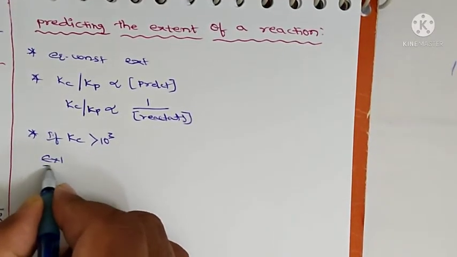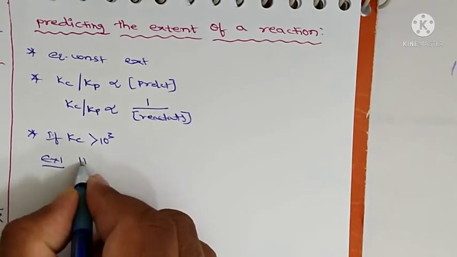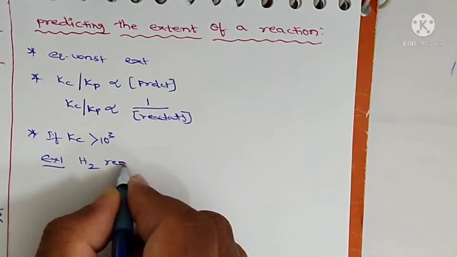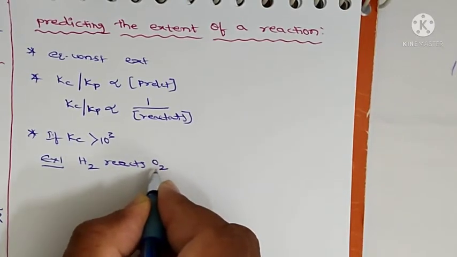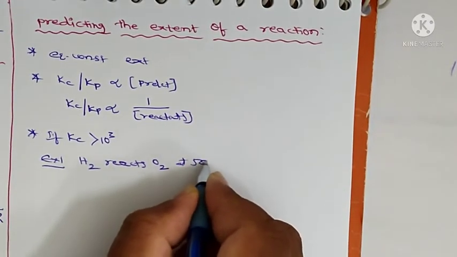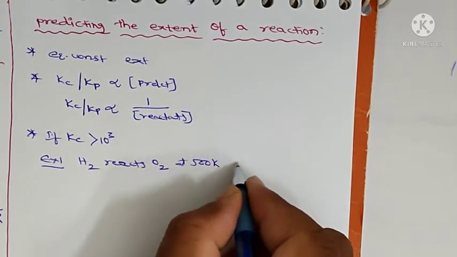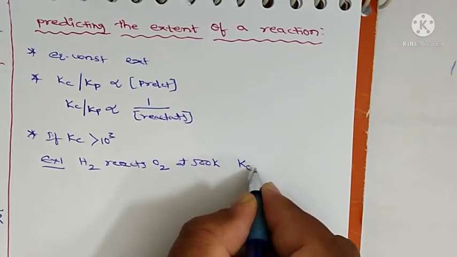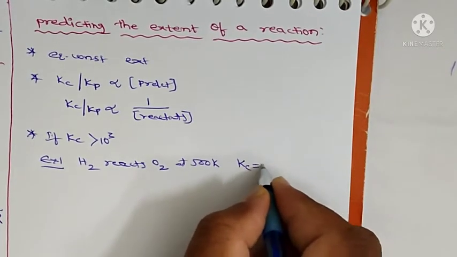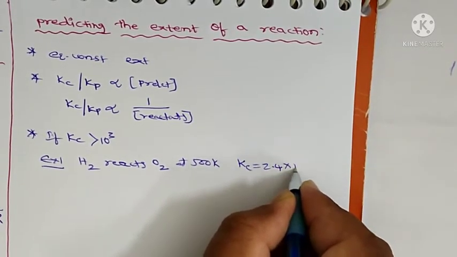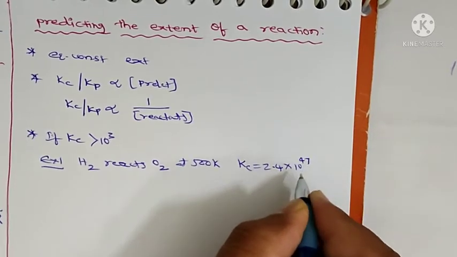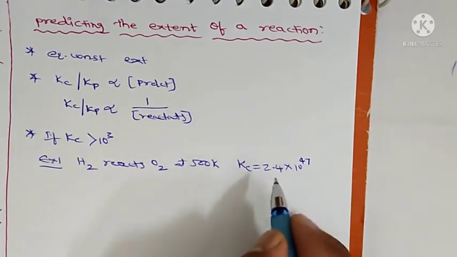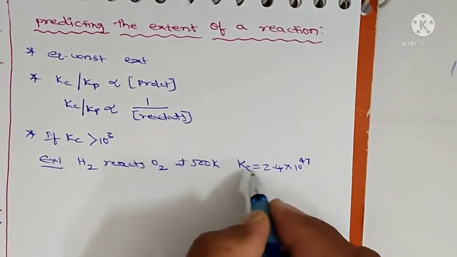Example number 1, H2 reacts with O2 at 500 Kelvin, and here the equilibrium constant Kc is equal to 2.4 into 10 to the power of 47. It is more than 10 to the power of 3, so the reaction is almost complete.